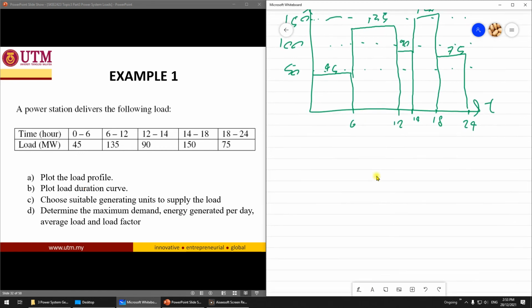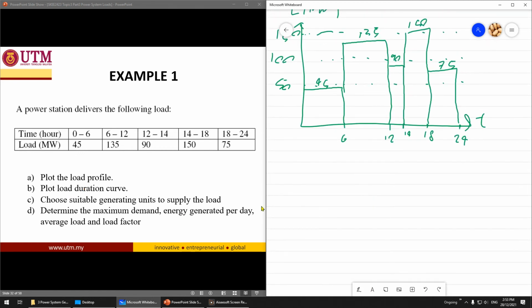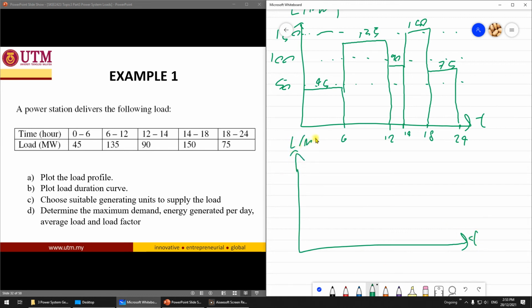Next, you have to plot the load duration curve. First of all, the same thing: this one is load, and this one is time in hours. Make sure you put the unit.